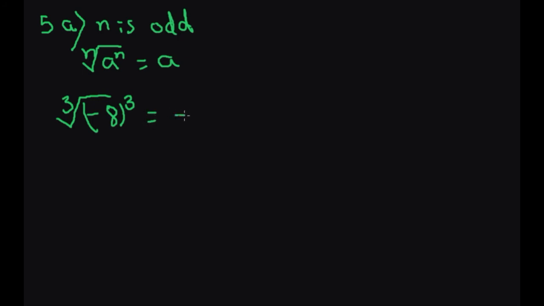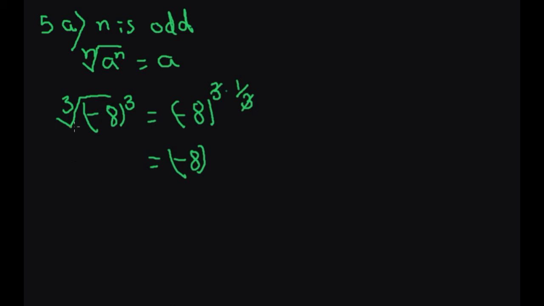So we can write this as minus 8 to the power 3 into 1 by 3. We converted that radical into a rational exponent. Now we can write this as minus 8 only. It is cancelled. This was the property if n is odd. So we will solve the question like this.